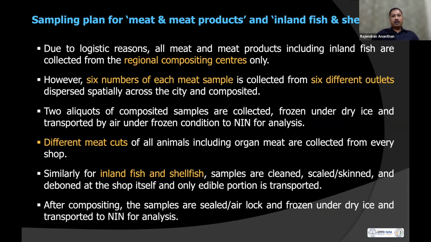So from the regional compositing center itself, we identified 6 different parts, and from those we procured the meat with different cuts, and the inland fish and shellfish also we collected.